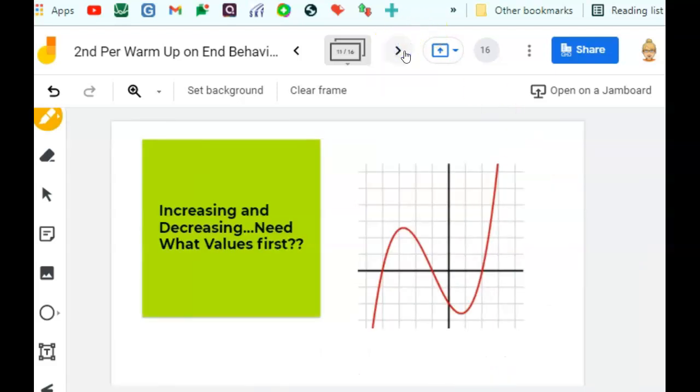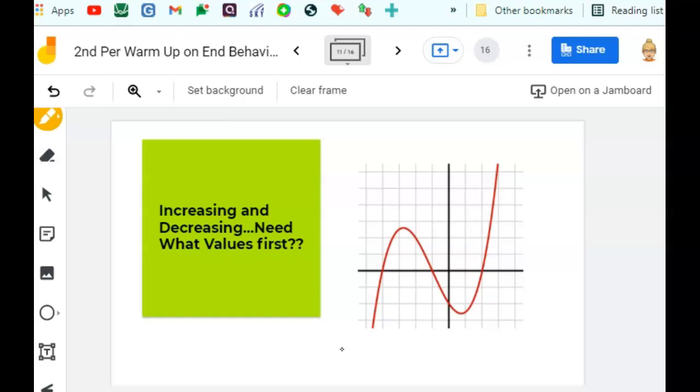Oh, all right. Now we're going to talk about increasing and decreasing. What values would we need first if I asked you to give intervals for increasing and decreasing? What would you have to find first? Yes, the maxes and mins.